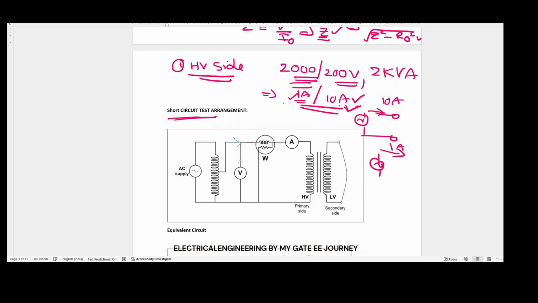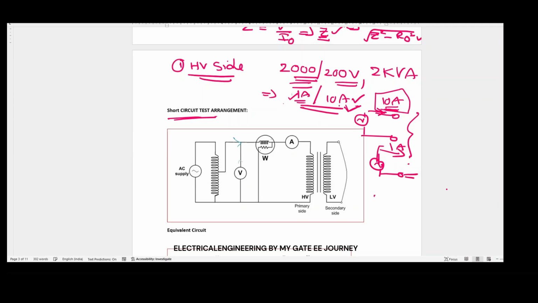Just for example, I told you; in practical this is much higher. The short circuit current is much higher. It is very difficult to get a practical source which supplies that much current. But in practical, you will get a voltage source with a higher rating more easily than a current source with higher current.